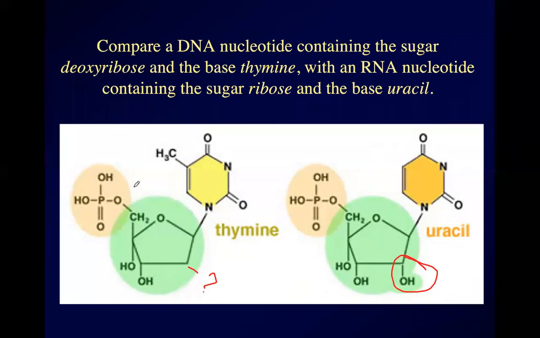And then the other thing is that in RNA, adenine, guanine, and cytosine are the same as they are in DNA. But here in this RNA, instead of thymine, they use a slightly different base that's missing that little methyl group. And that makes the base uracil, not thymine.